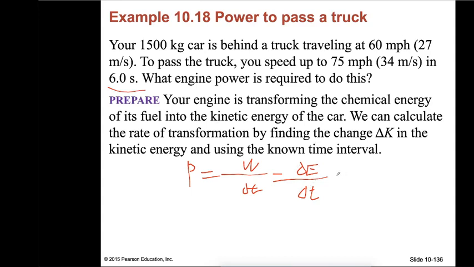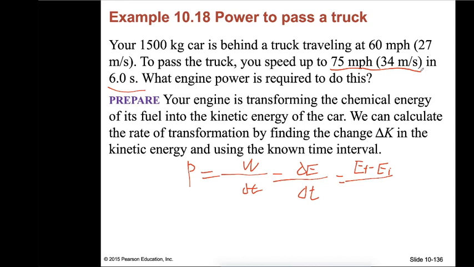Do you know the delta E? Delta E equals E final subtracted by E initial. How to calculate E final? At the final state, it has this speed.